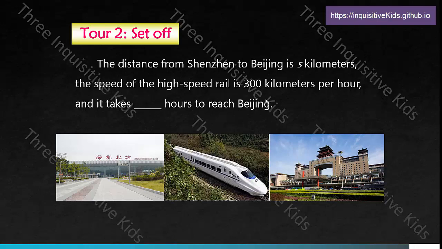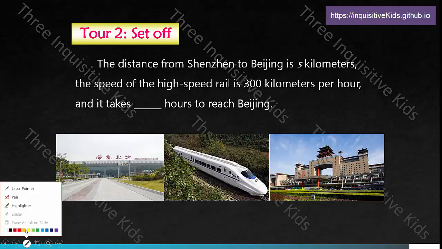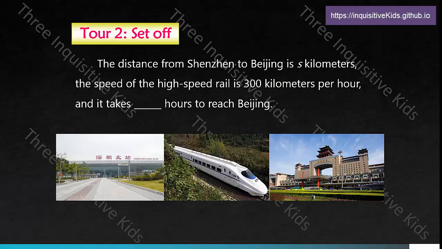So let's review the problem. Well, if we have this many kilometers in all, in each hour, the high-speed rail can go 300 kilometers. Now, let's write an expression to express that.